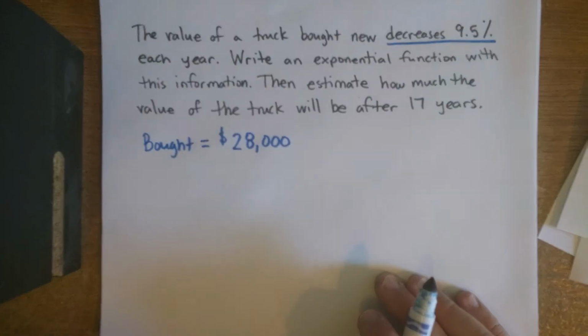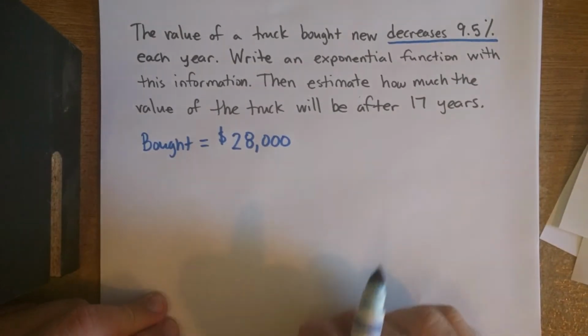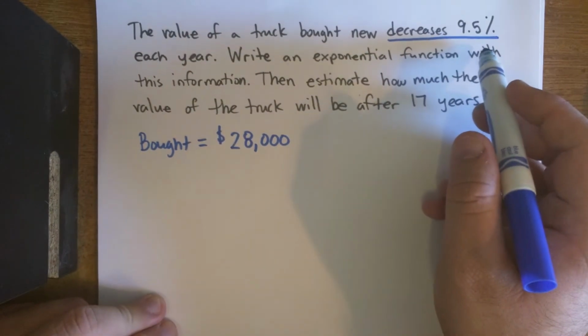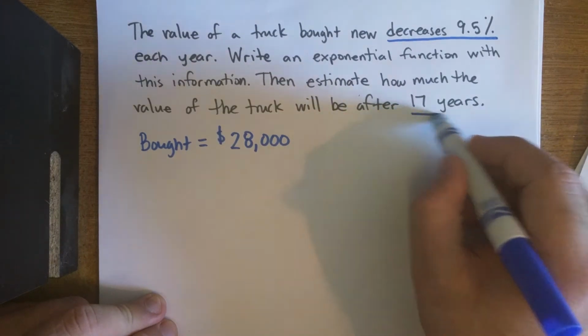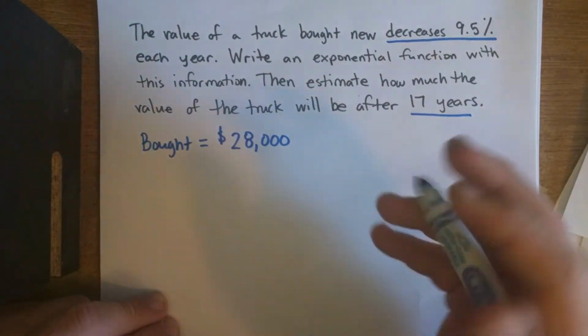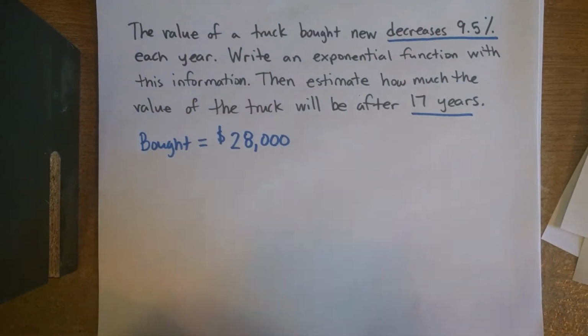Okay, so we buy it brand new at $28,000. Decreases 9.5% each year. We want to find how much it's going to be after 17 years. So we're going to write the function first. Then we'll plug 17 in and see how much this truck will be worth after 17 years.